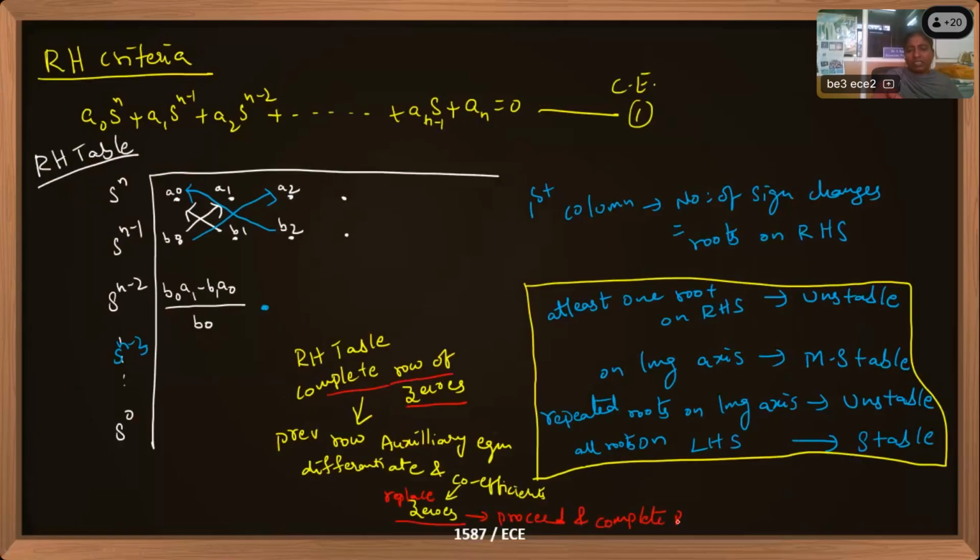Once the RH table is completed, what is our general procedure? How many sign changes are there in the first column of the RH table? Based on the sign changes, we again tell how many roots are present on the RHS. But in between we got one row of zeros, so definitely there is a possibility of roots on the imaginary axis.